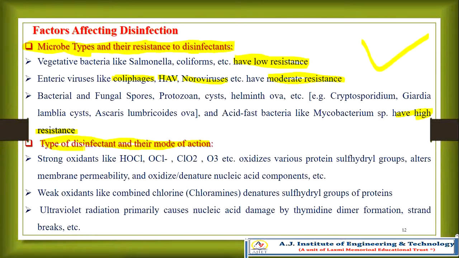The first one is the microbe type and its resistance to the disinfectant. The second one is the type of disinfectant and its mode of action.